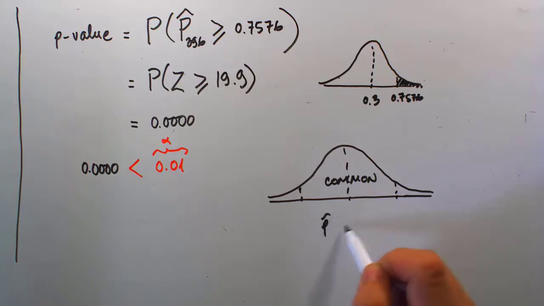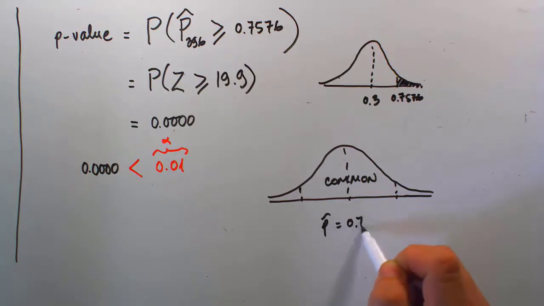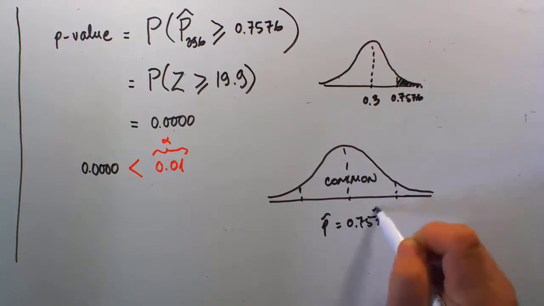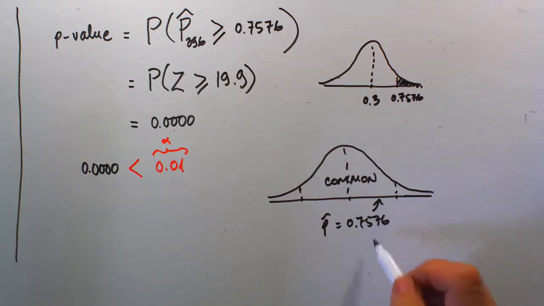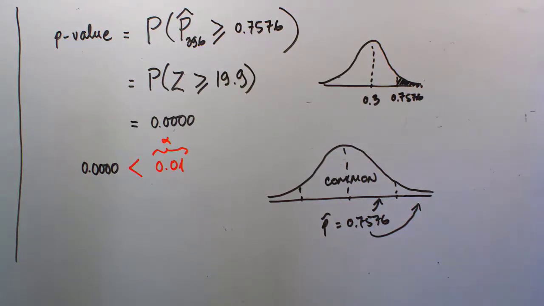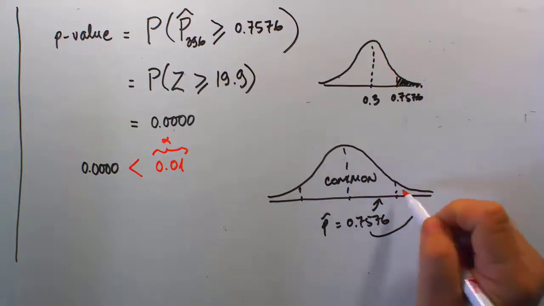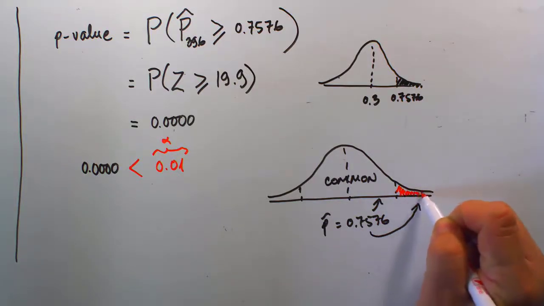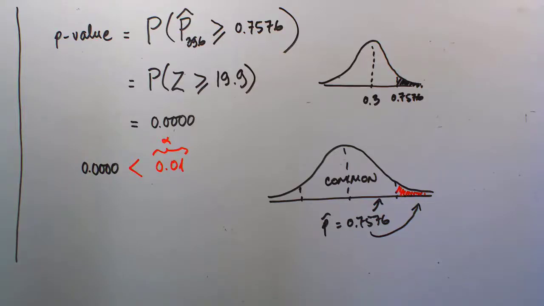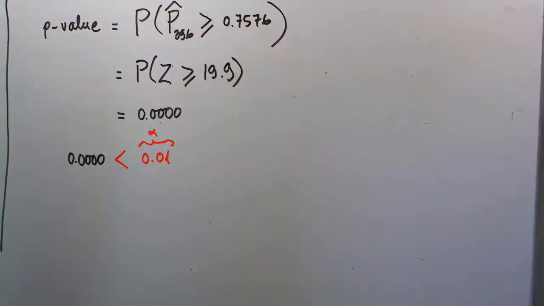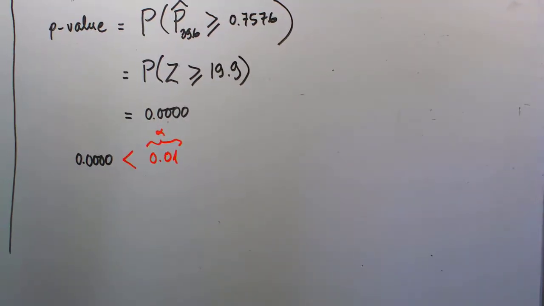So our p hat, 0.7576, is it inside of the common area or falling into the unlikely area? How is this comparison between the p-value and the significance level given in the problem connected to this explanation that I have had earlier? So here's how it's connected. Now with a brand new bell curve that I'm about to draw here.